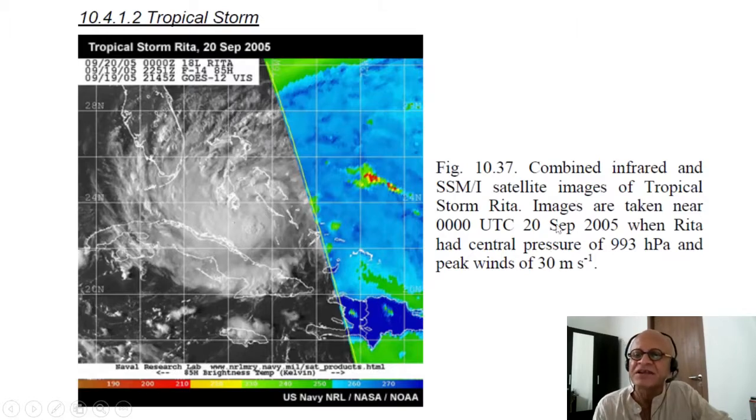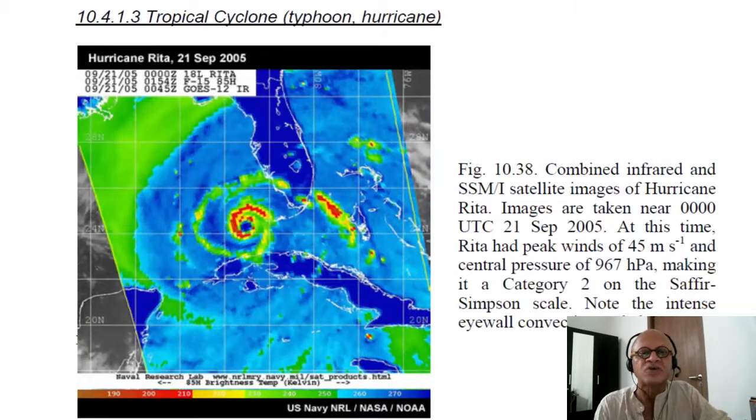Combined infrared and SSMI satellite images again of tropical storm Rita. It's already been named. The Invest 96L has become tropical storm Rita. Again on 20th September 2005, when Rita had central pressure of 993 hectopascal, so dropped significantly, and peak winds of 30 meters per second, well above the threshold for calling it a tropical storm.